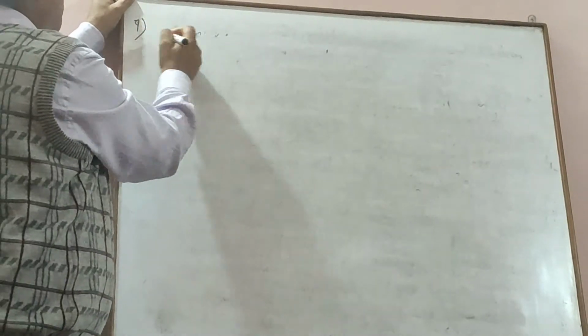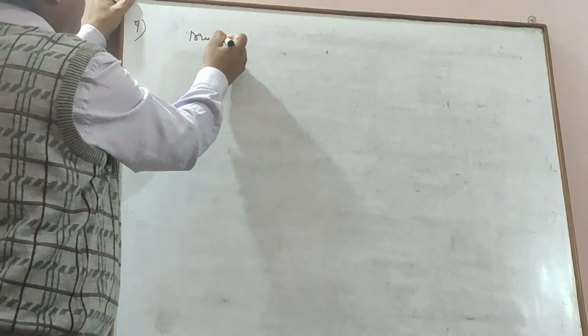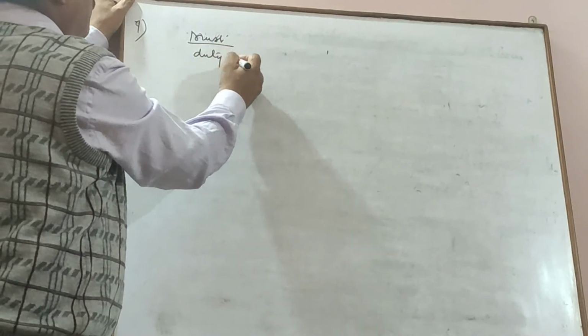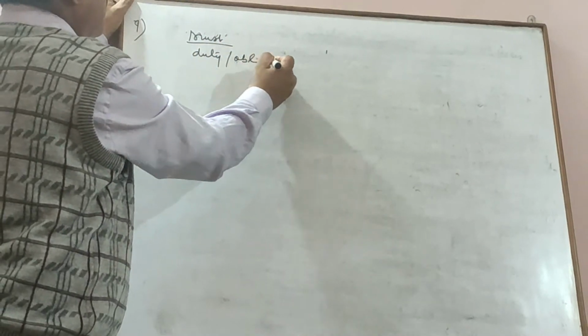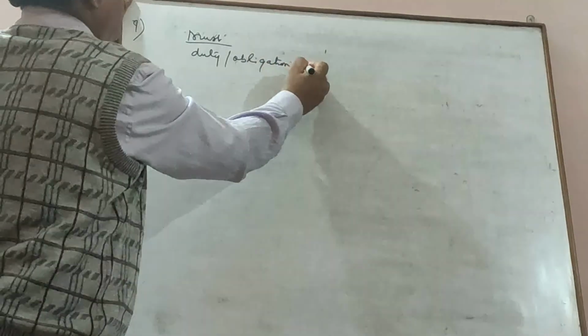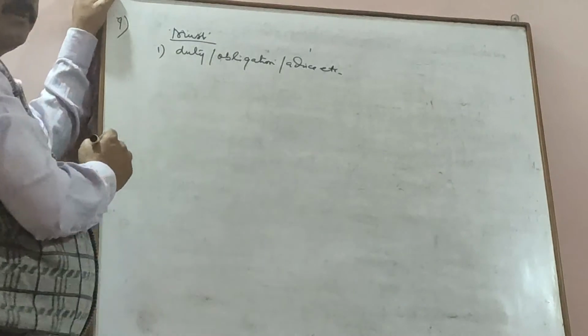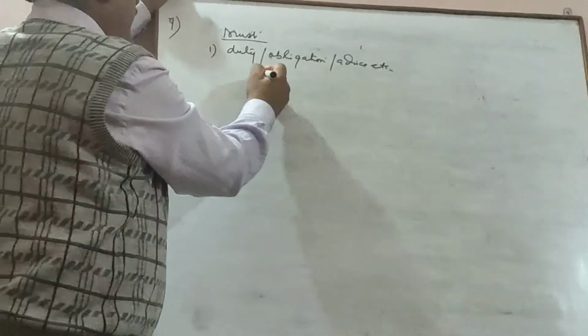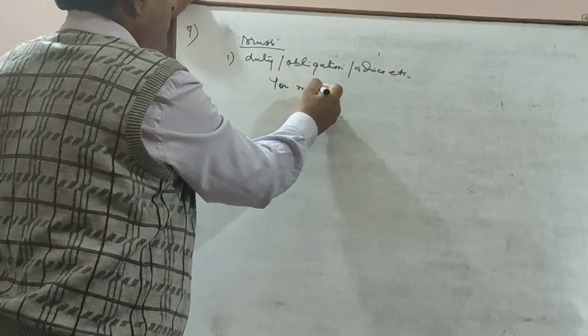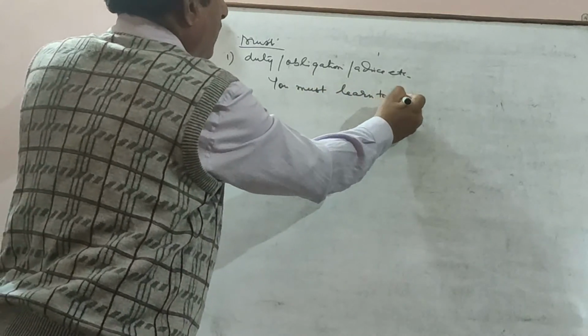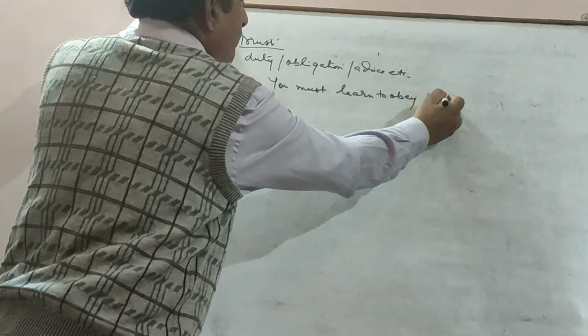The next modal is must. Must is also used to show duty, obligation, advice, etc. For example, we have you must learn to obey traffic rules.